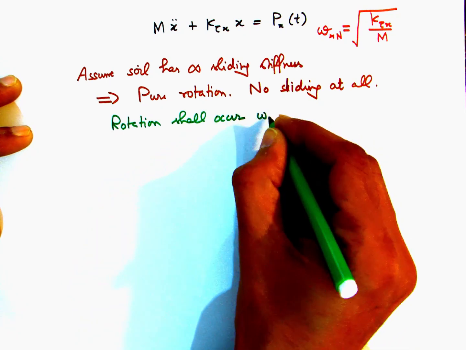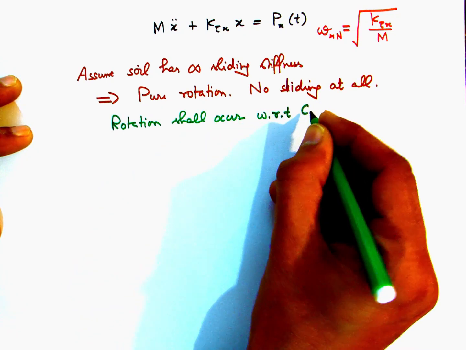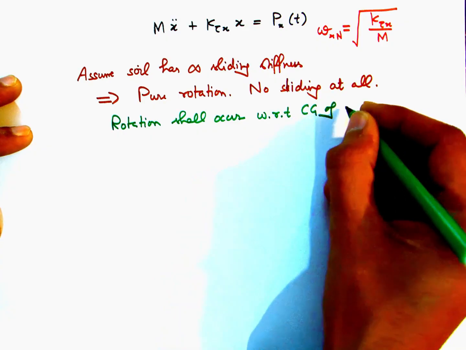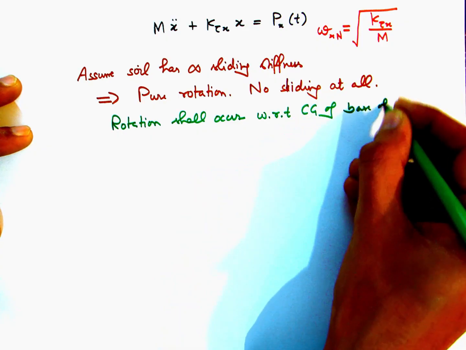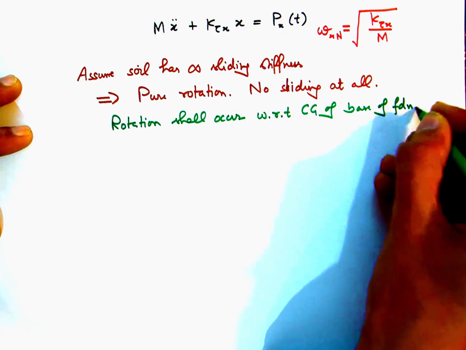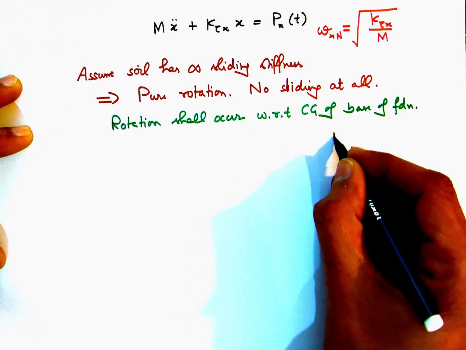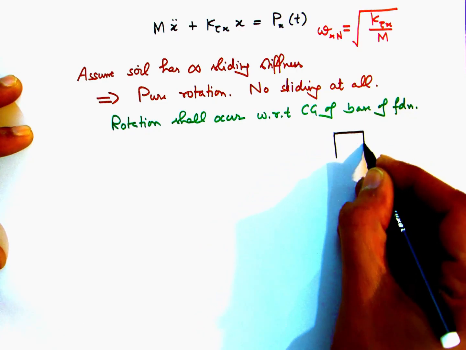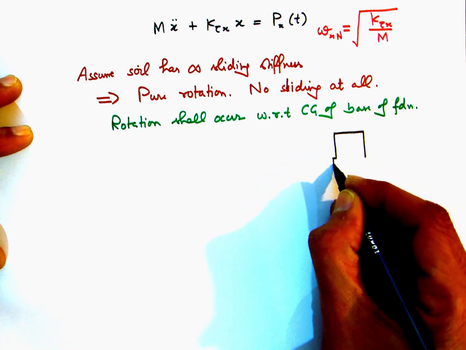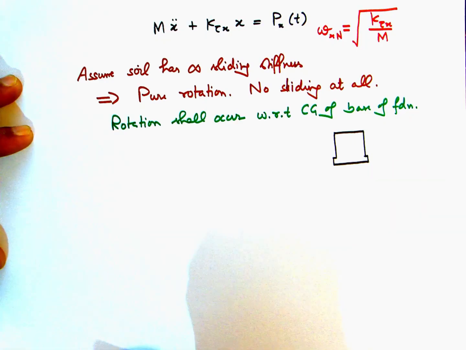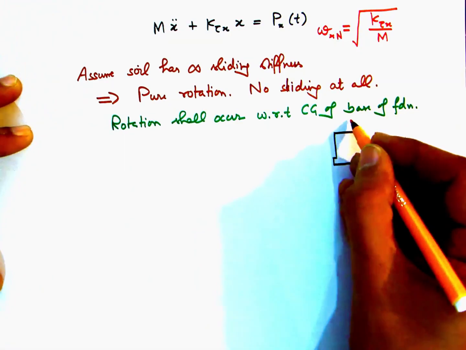Now it should also be noted here that since sliding is not at all possible, the rotation must occur about the CG of the base of the foundation. Otherwise, if rotation occurs about the overall CG, then some sliding would occur on account of the rotation, as we have seen for the coupled case.